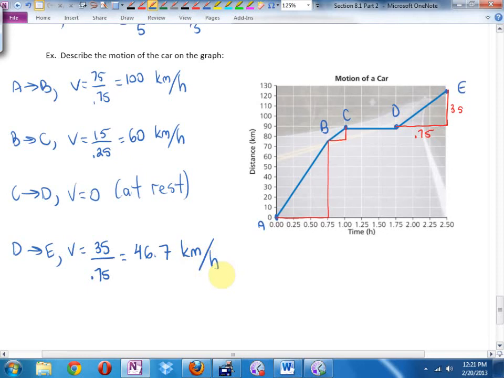Rise is 10, 20, 35. Yes. Run is 3/4 of an hour. Each square is 1/4 of an hour, so it's 0.75. I think I'm right. Is that correct?